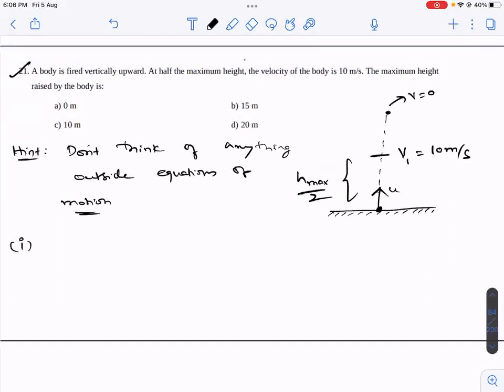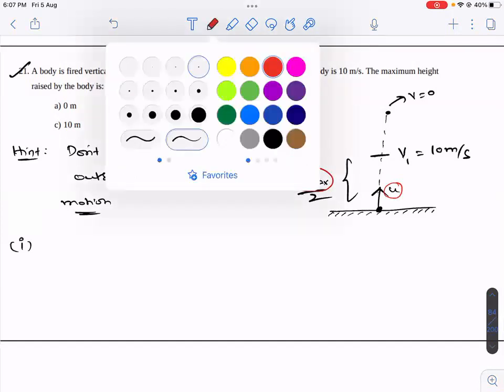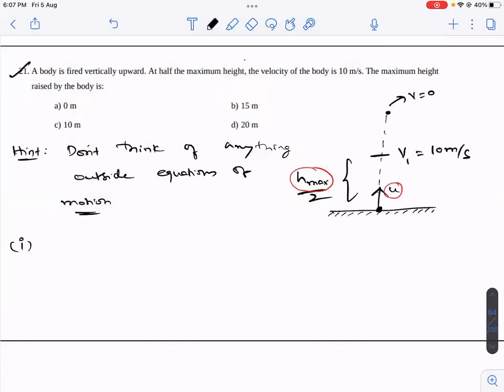What is it that I have assumed? u. Initial velocity is not given. And our job is to find the maximum height. Is that right? So I need to find what is h max with the data that is given.